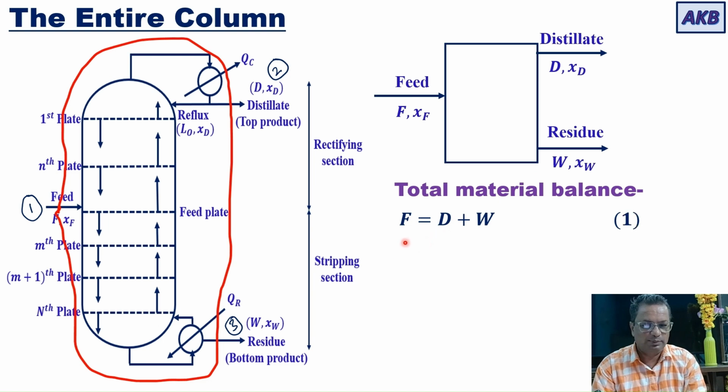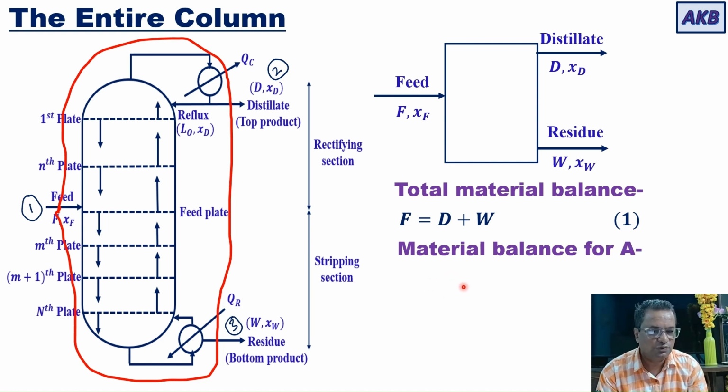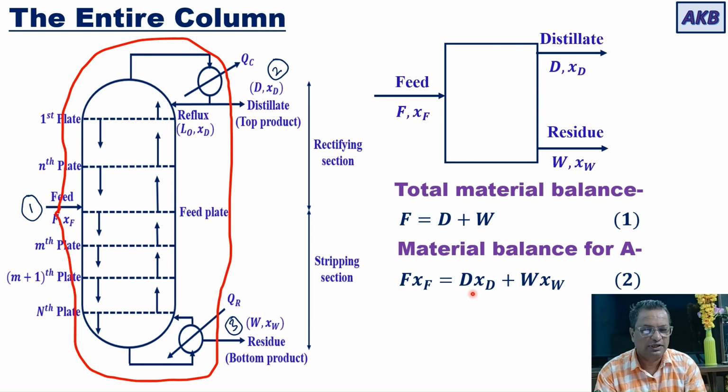So simply, F is equal to D plus W. I'm calling this equation number 1. Then the material balance for E, the more volatile component. In the feed, it will be total flow of feed into the fraction of E, so F XF is equal to D XD plus W into XW. I'm calling it equation number 2.